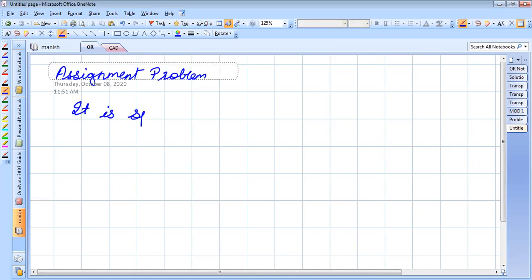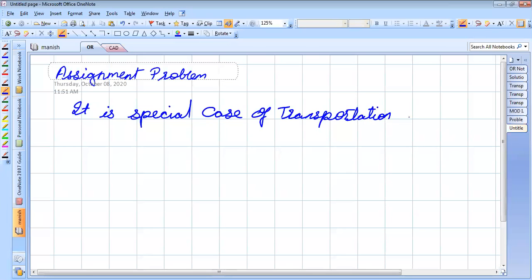It's a special case of transportation problem with a square cost matrix.